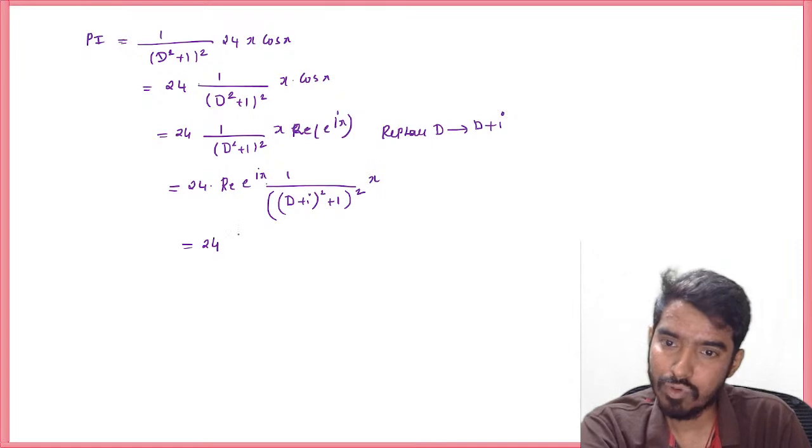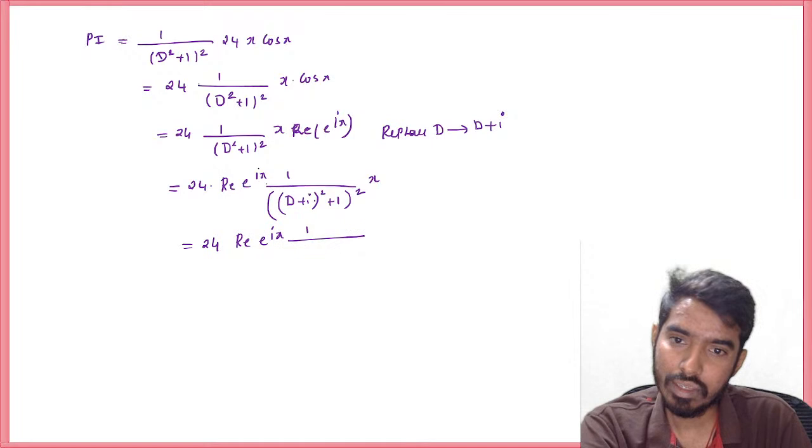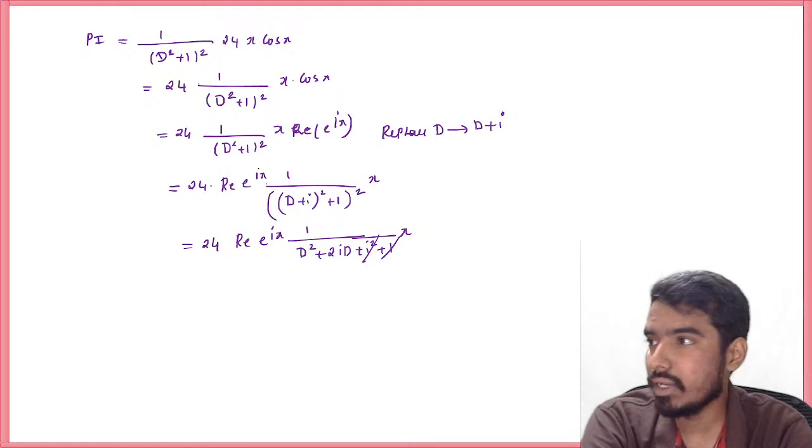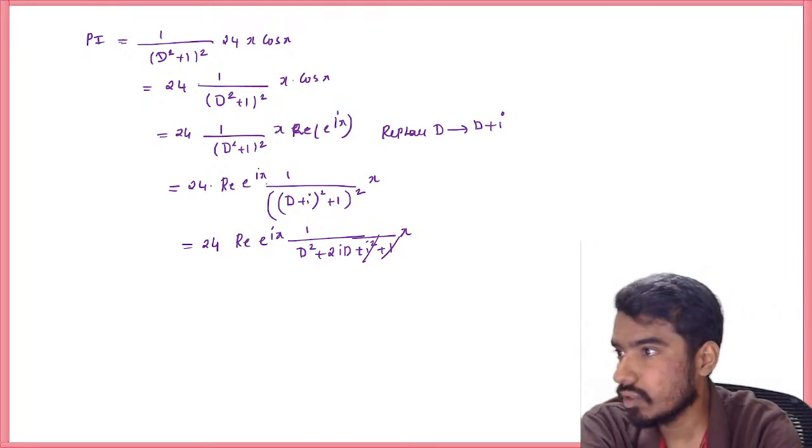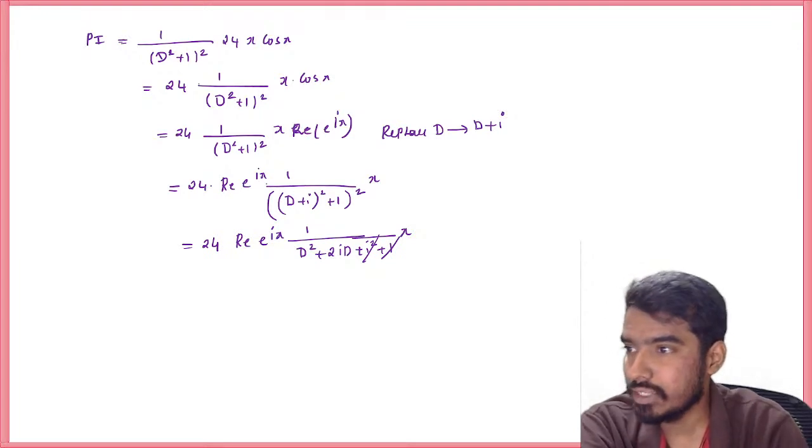That will be 24 real part of e power ix, (a plus b) whole square is a square plus 2ab plus b square, so i square plus 1, into x. These two will get cancelled, right? Because i square is minus 1.